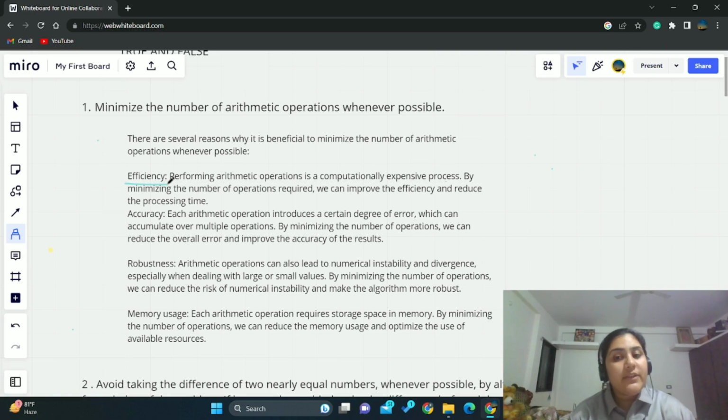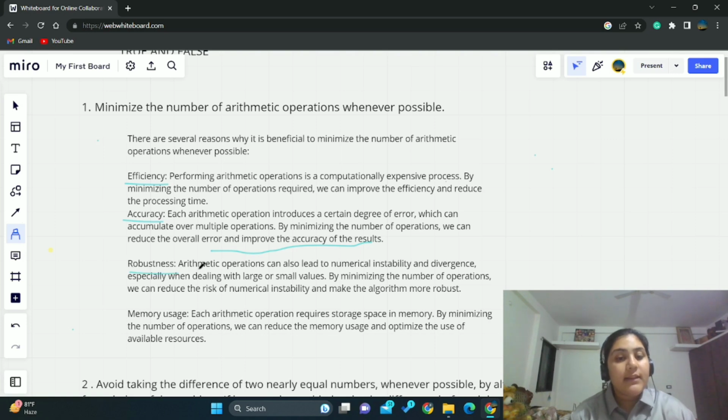We can improve efficiency by reducing the processing time, and we can do this by minimizing the number of operations. Second is accuracy. Each arithmetic operation introduces a certain degree of error, which can accumulate over multiple operations. By minimizing the number of operations, we can reduce overall error and improve the accuracy of the result.